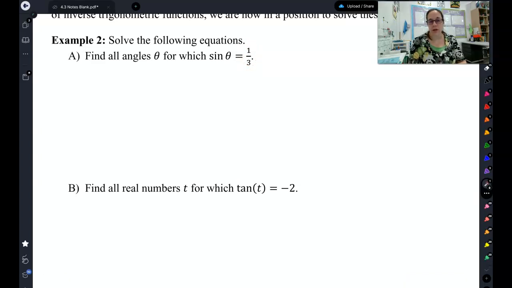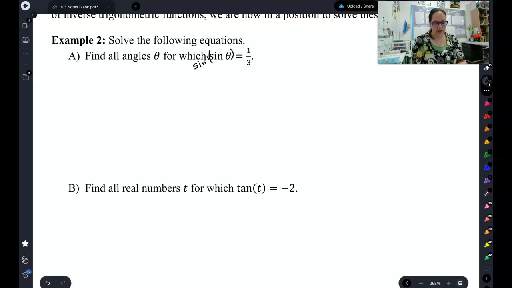So this is not a unit circle problem, this is a calculator problem, which means I need to get theta by itself. I do that by doing arc sine, and I have to do it to both sides to keep it balanced. So those two signs cancel, and I end up with theta equals arc sine of 1/3.